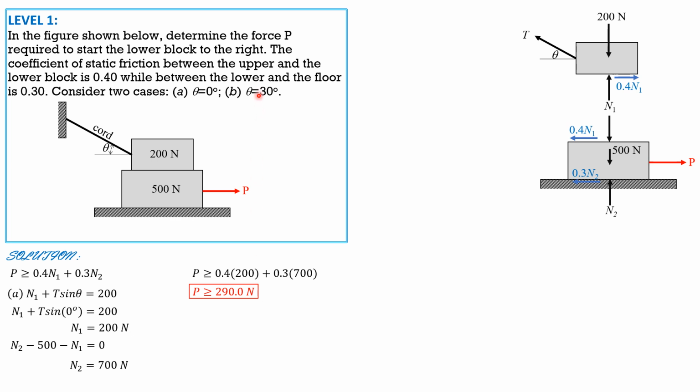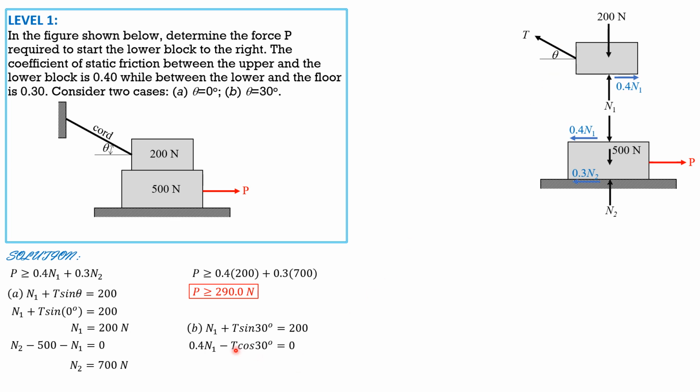Then for part B, let's solve for N1 again. So N1 plus T sine of 30 degrees equals 200. Then summation of forces horizontal: 0.4 of N1 minus T cosine of 30 degrees equals 0.